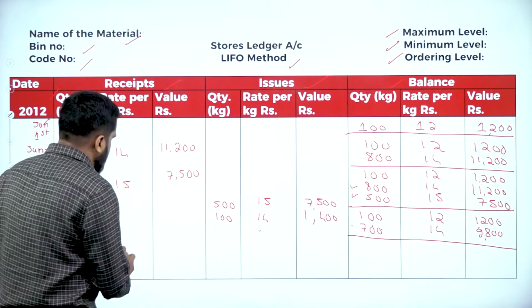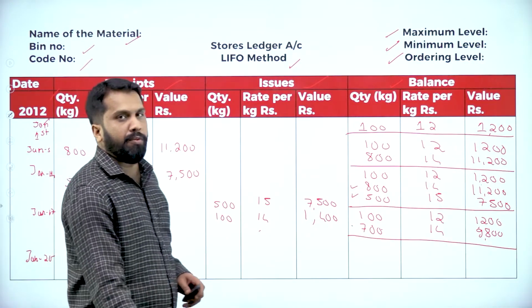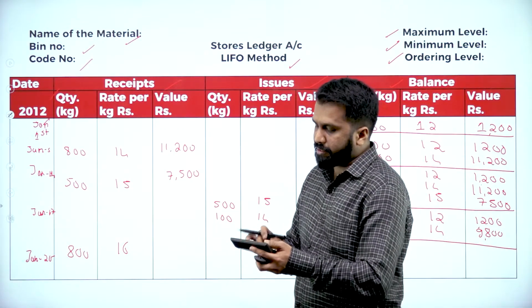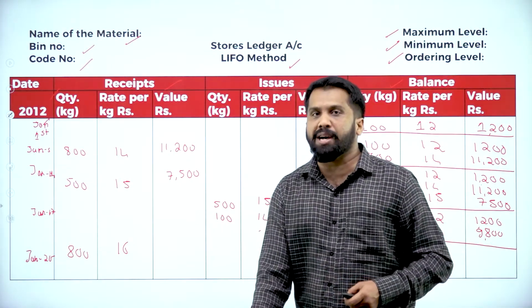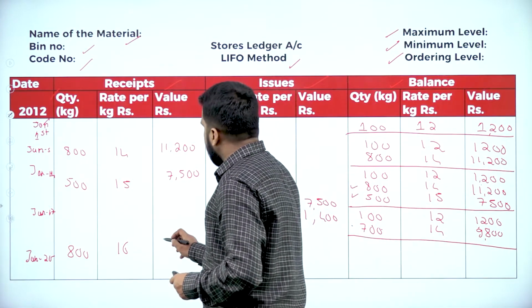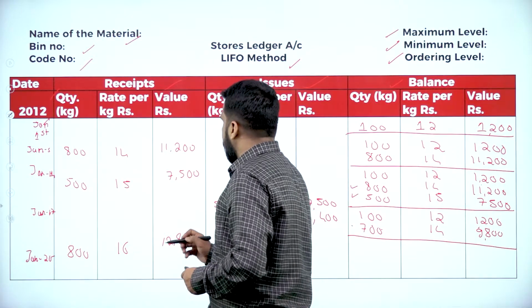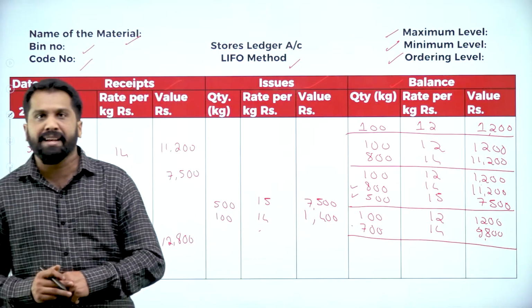We'll calculate 800 multiplied with 16. You will get 12,800.